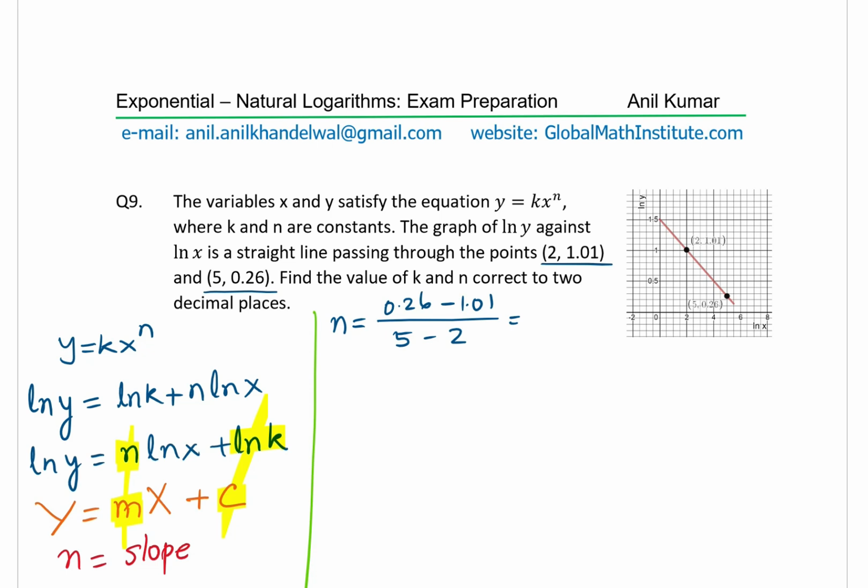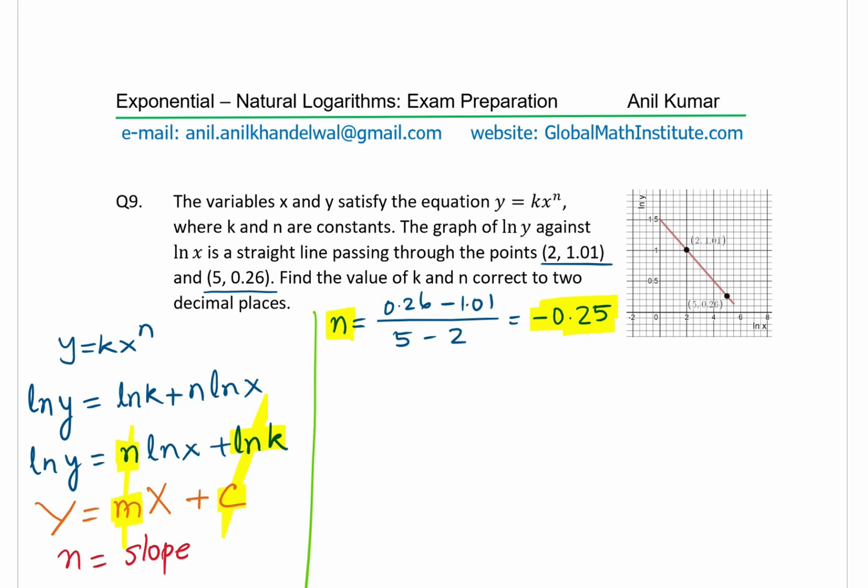We have 0.26 minus 1.01 divided by 3. We get minus 1 over 4 or minus 0.25, correct? So that becomes the slope. So we have the value of n, which is for us equal to minus 0.25. That makes sense. The graph is dropping, so that is okay.